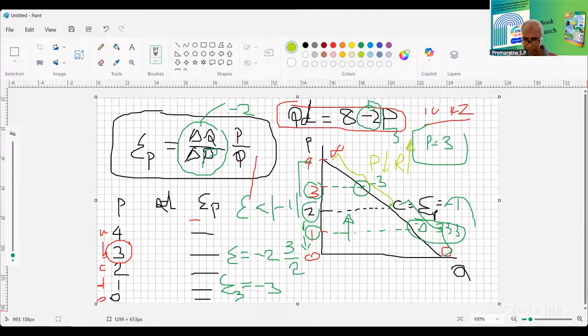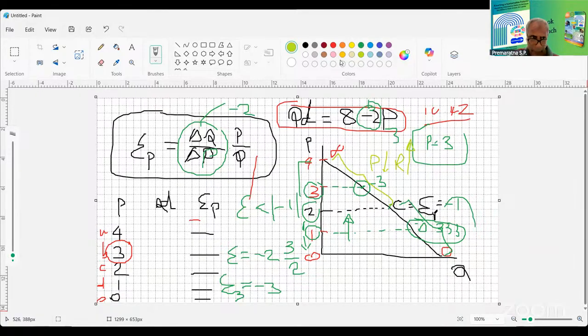Now, as a manager or as a business owner, it's clear: if you have in your hand the calculator to estimate the price elasticity, then you can decide on a strategy for changing the price. Whether to decrease or increase the price, you can decide easily.